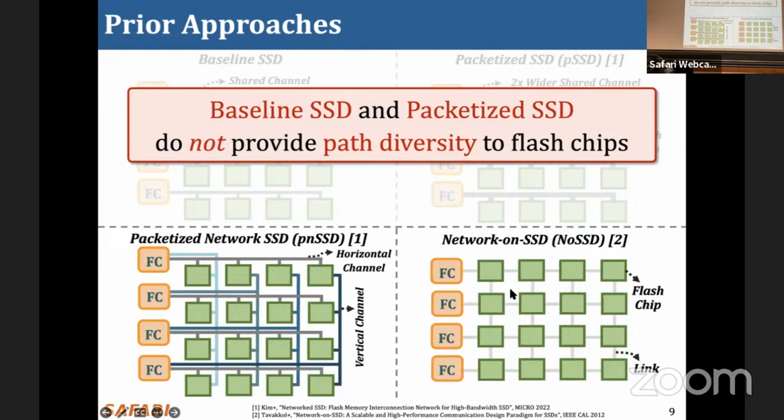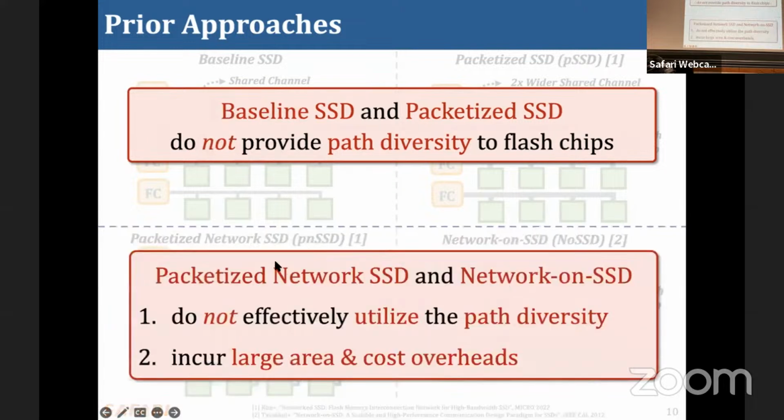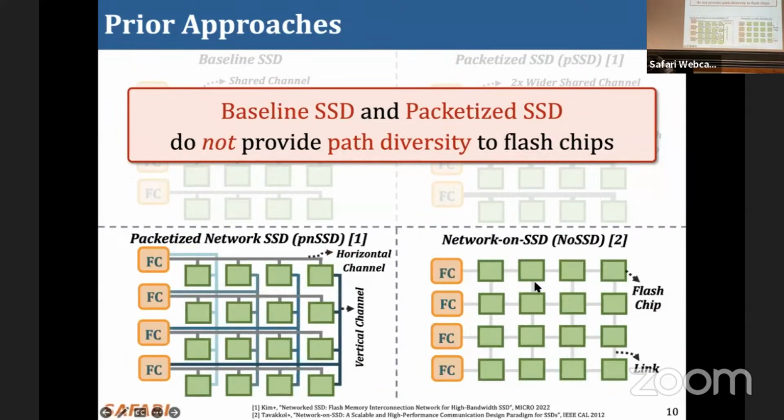Another work, network on SSD, was proposed in CAL 2012. This actually provides rich path diversity, but we observe that it has large area and cost overheads, and also does not effectively utilize the path diversity. So now you have path diversity, your infrastructure provides that, but then your controller needs to be intelligent enough to use this path diversity in order to avoid conflicts.